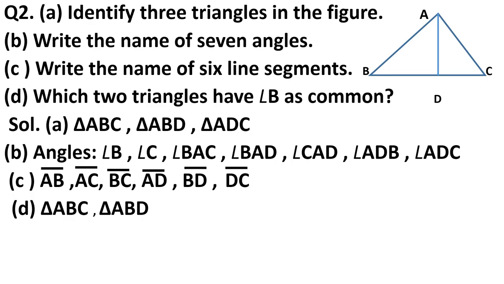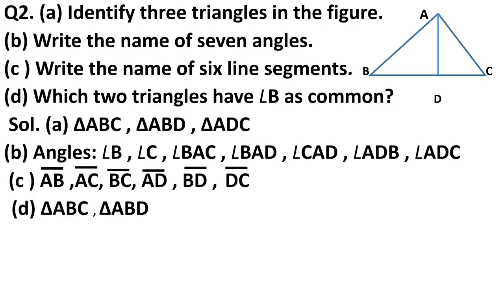Be careful. Angle B, angle C, angle BAC. This is the complete angle A, BAC. Now angle A is divided into 2 angles. Okay, so write down those also. Angle BAD and angle CAD.